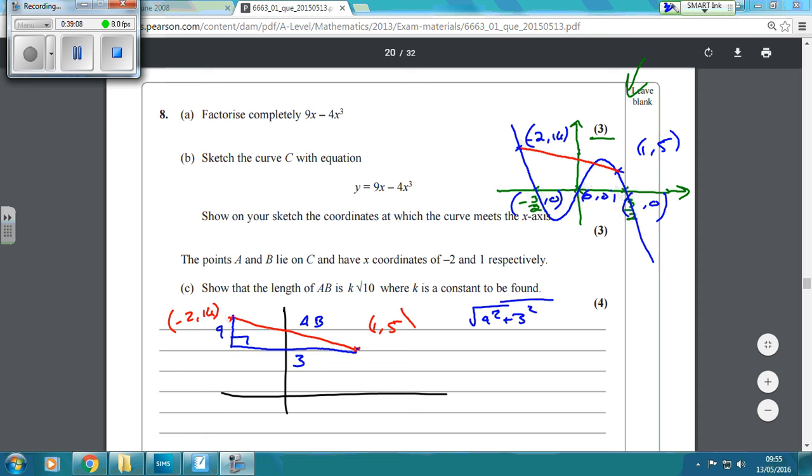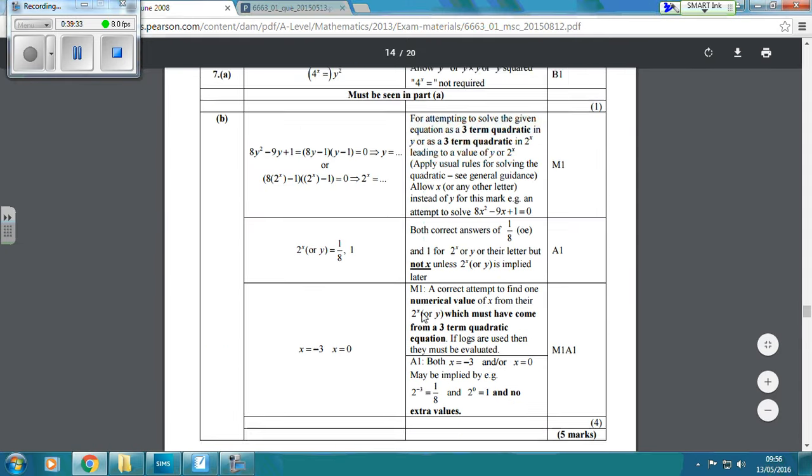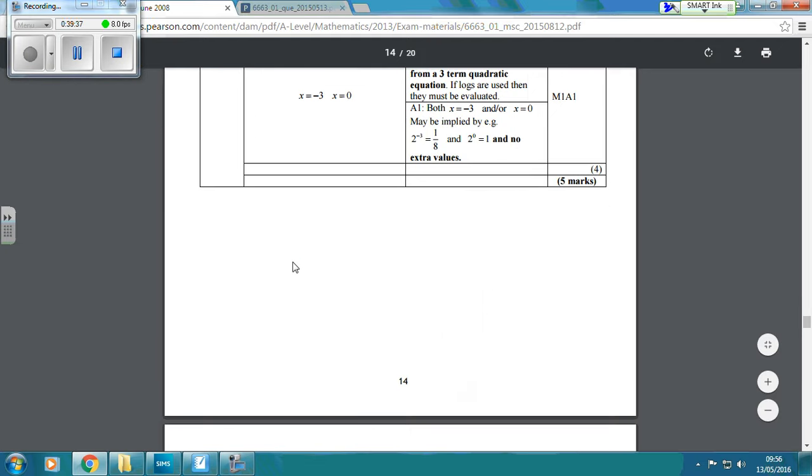So that's going to be the square root of 81 plus 9, which equals the square root of 90, which if we simplify that is square root of 9 times by the square root of 10, which equals 3 root 10, which again looks like something root 10, so therefore we can be pretty confident that we've probably got our answer correct. So again, if we just double check, -3 and 0 were correct for question 7.